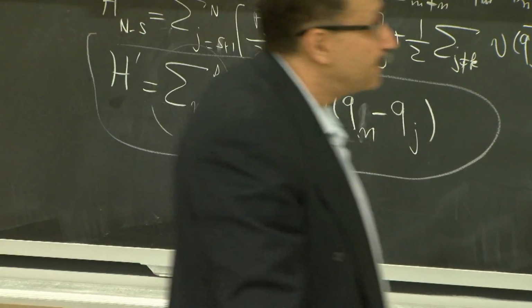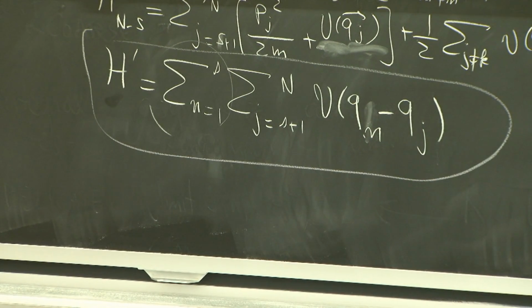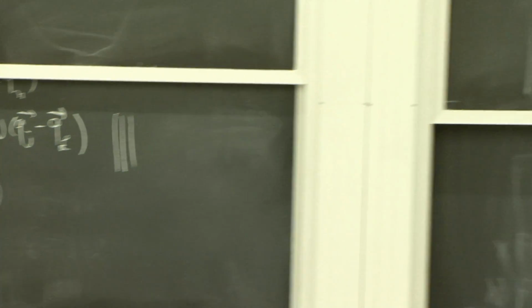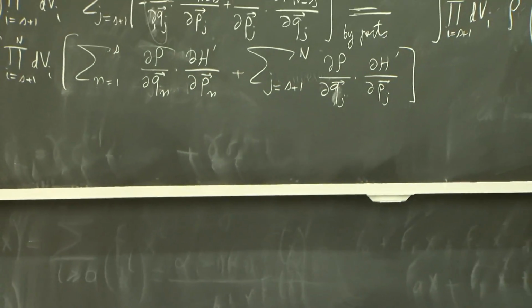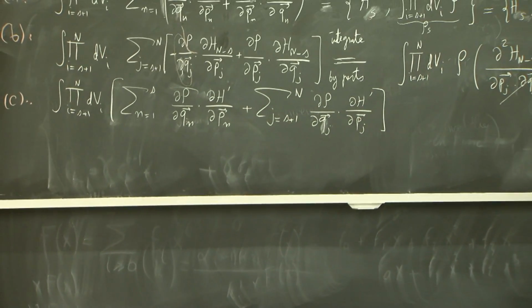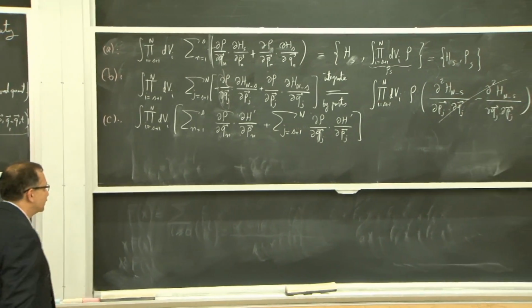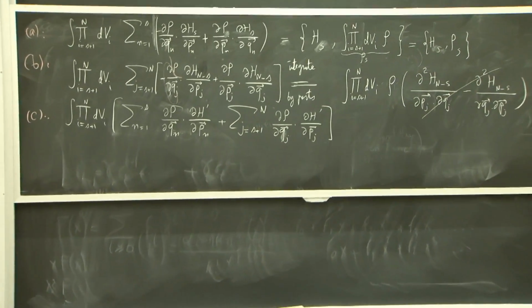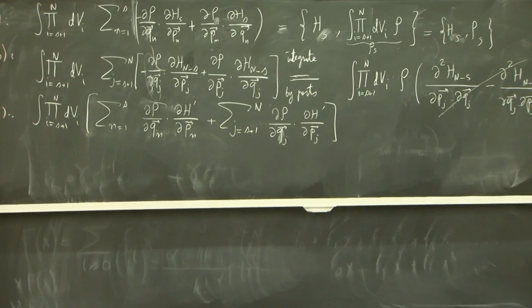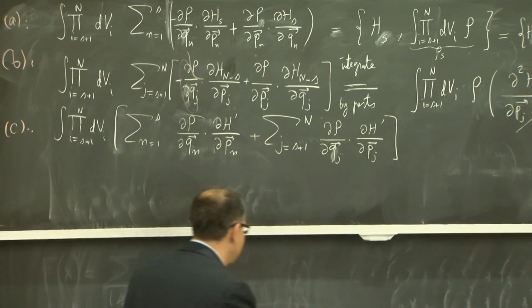First thing is I claim that one of these two sets of sums is 0. You tell me which. First. Why first? Because h prime is independent of p, yeah? That's true. Okay, that's very good.